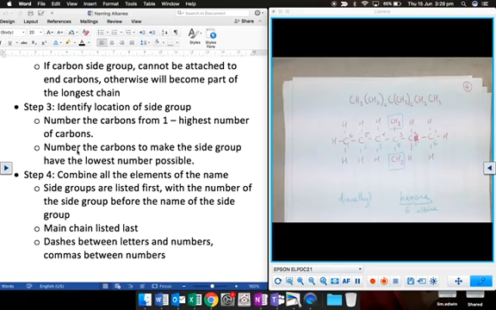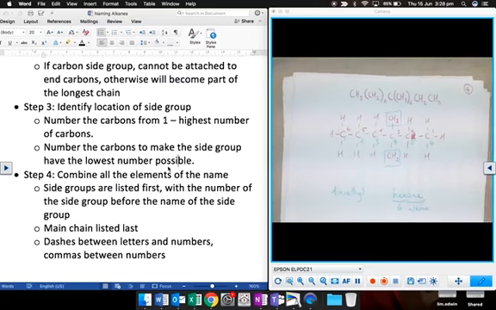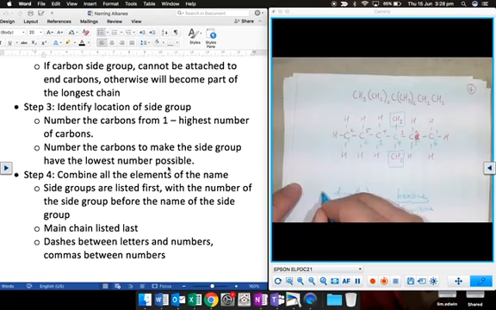The idea is to make the side groups have the lowest possible numbers. Out of here, we have either a selection of 3, or we can number it with 4. 3 is lower, so these are on the third carbon.